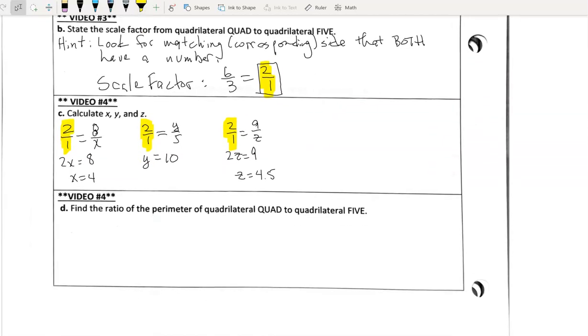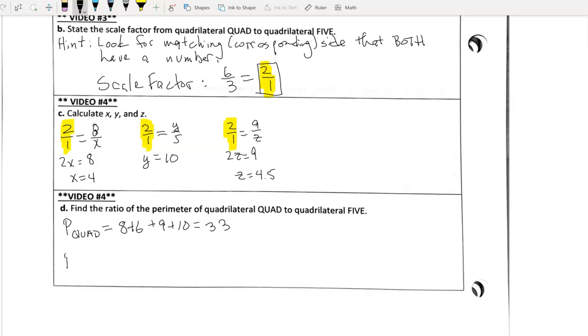Now for part D, what we want to do is find the ratio of the perimeter of quadrilateral quad to quadrilateral 5. I want the perimeter of QUAD. I'm going to add up the 4 sides of quad, so that would be 8 plus 6 plus 9 plus 10. That gives us 33.